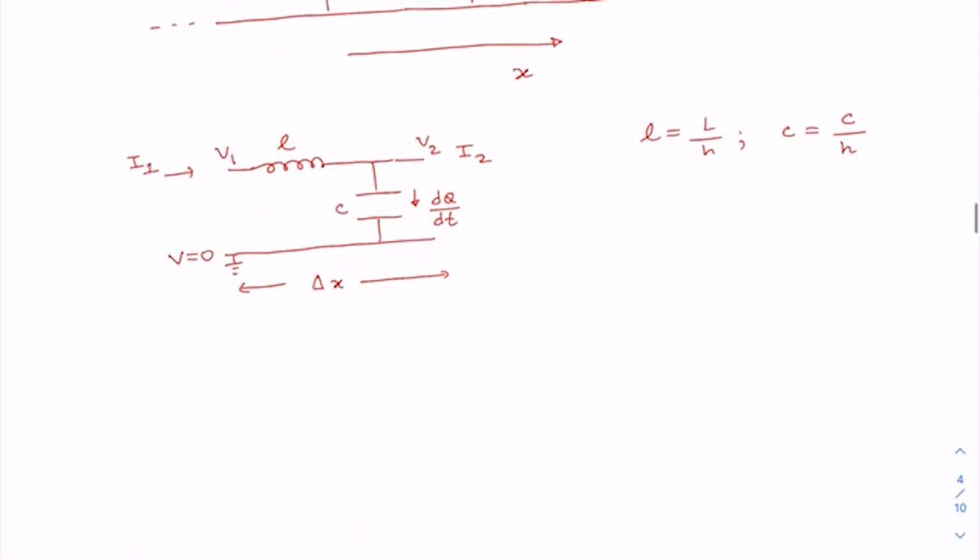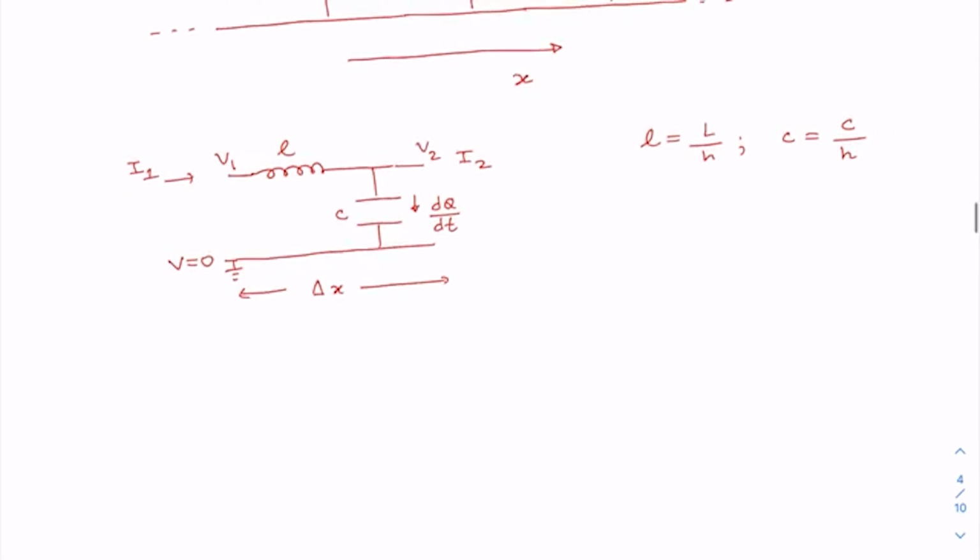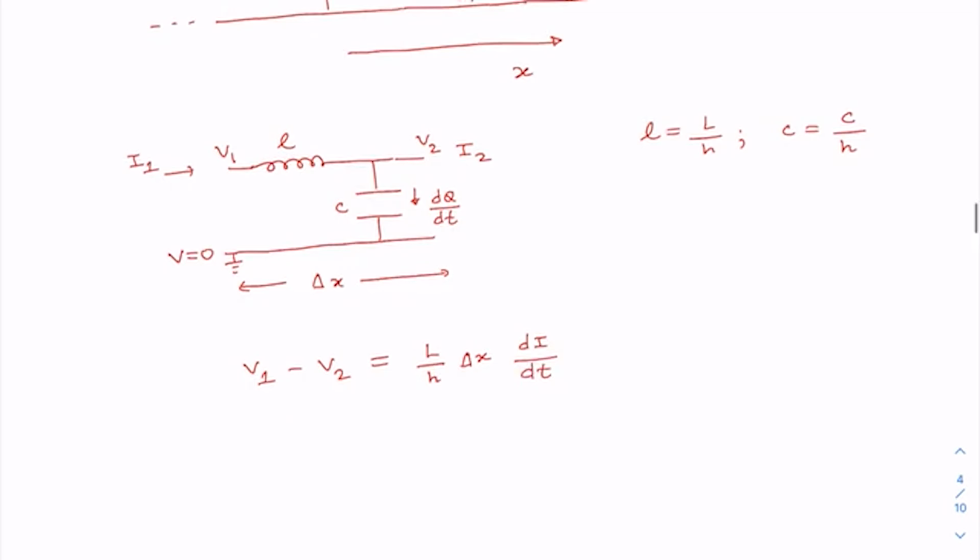So in that case, the potential difference across the inductor would be V1 minus V2, that would be equal to, across the inductance, which has inductance L by H, and the length is delta x, so this is the total inductance. So L di/dt we know, so this is the voltage difference. Let's say this is my equation number 1.